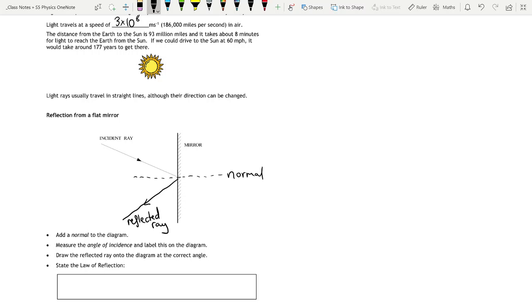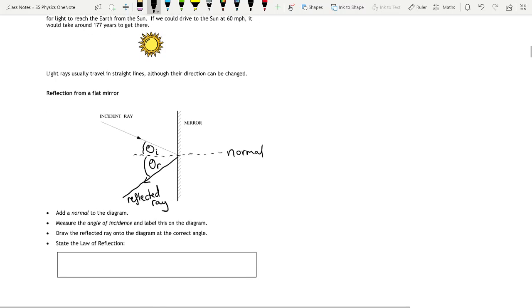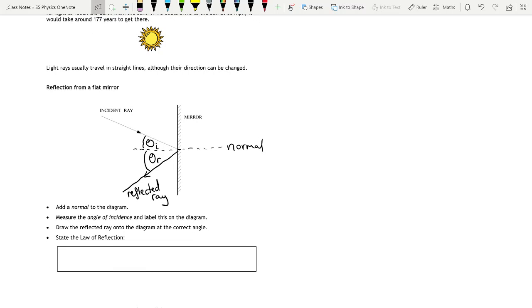And this angle here between the normal and the incident ray is the angle of incidence. And this angle here between the normal and the reflected ray is the angle of reflection. So it says there, add a normal to the diagram. We obviously can't do the experiment ourselves, but you have done this in National 5 anyway.